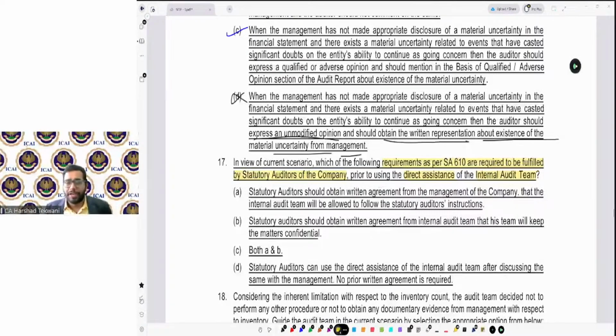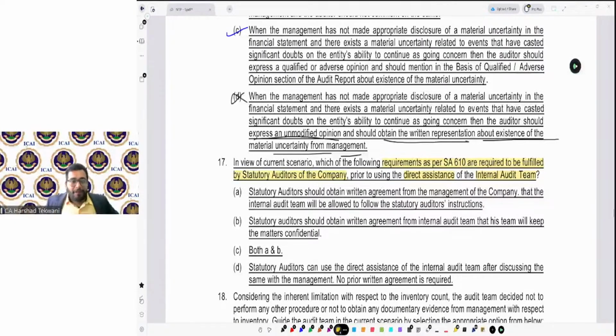Second, I will obtain a written agreement from the internal auditors that they will keep the information confidential as instructed by the external auditors, and that they will inform the external auditor about any threat to their objectivity if identified later. If that is the case, then yes, I can still use the internal audit team for direct assistance.